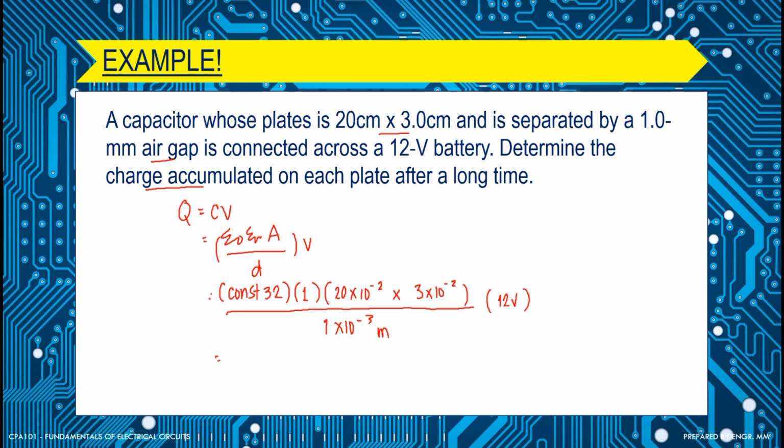So our answer would be the constant multiplied by 20 times 10 raised to negative 2 times 3 times 10 raised to negative 2 divided by 1 millimeter, then times 12. So our answer is 637.50 pico, because this is times 10 raised to negative 12, and the unit for charge is coulomb. So we have 637.5 pico.